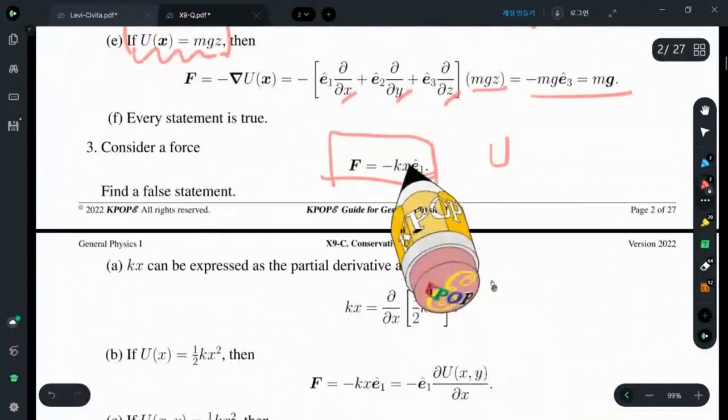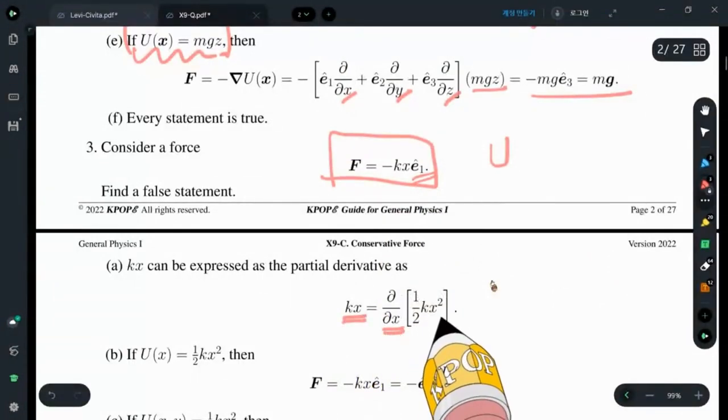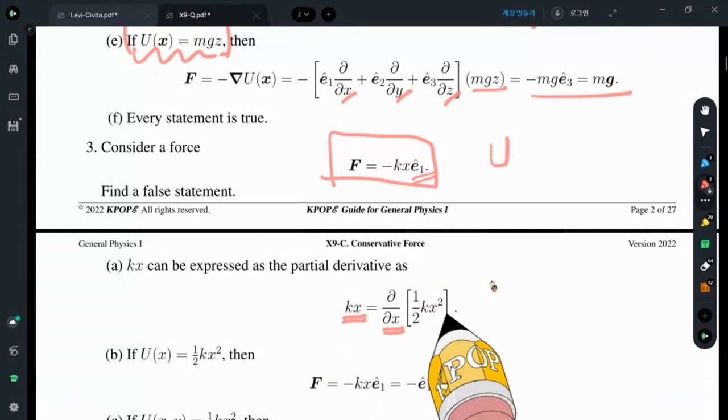Okay. We remember this one is the derivative of 1/2 kx squared. Remember, the integration is not difficult as long as you know how to take the derivative.